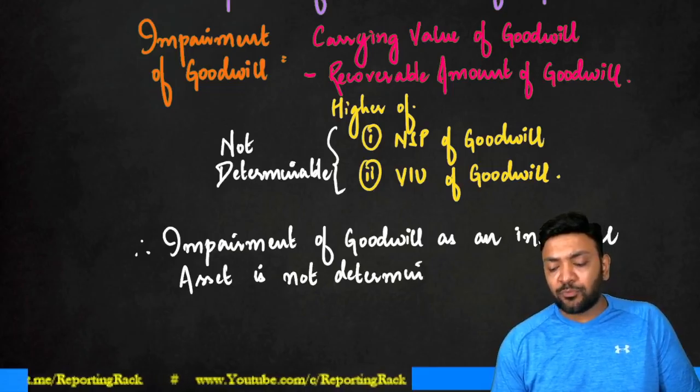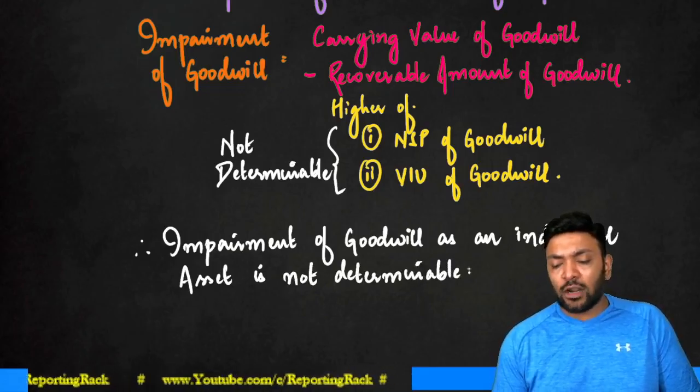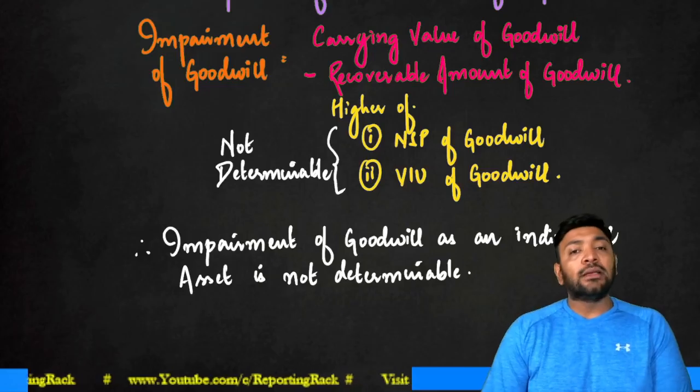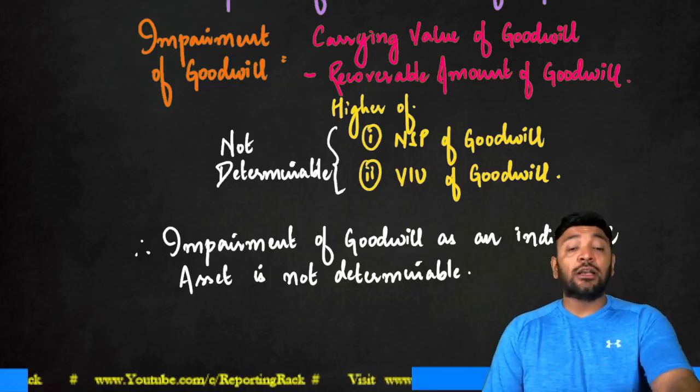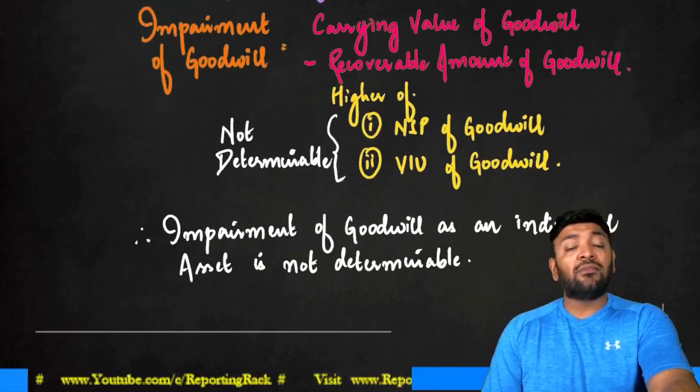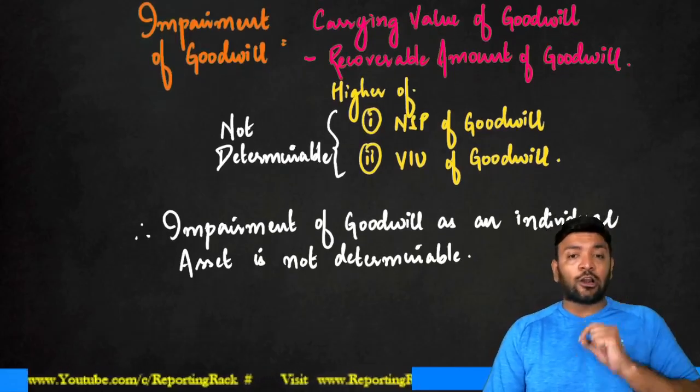It is not possible for us to determine what is the impairment of goodwill alone. Since it is not possible for us to determine the value of goodwill alone, then we'll have to test for impairment in a different logic.